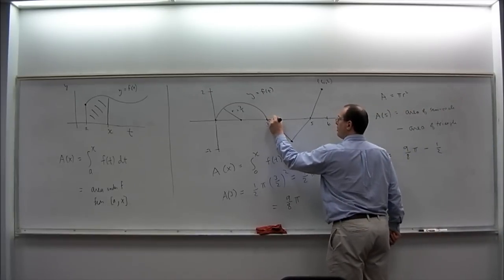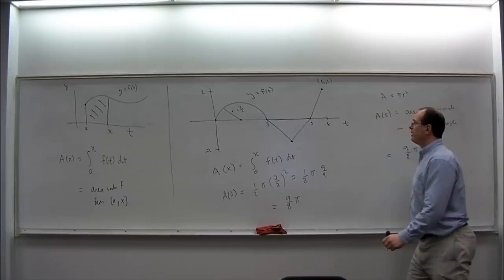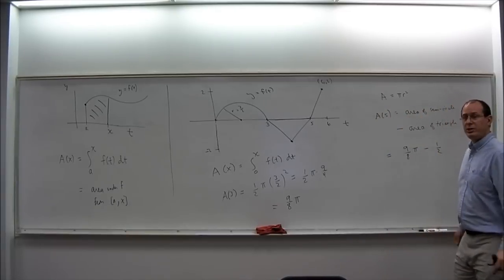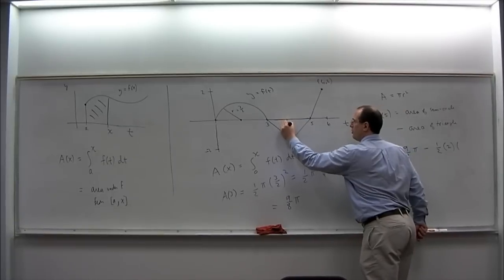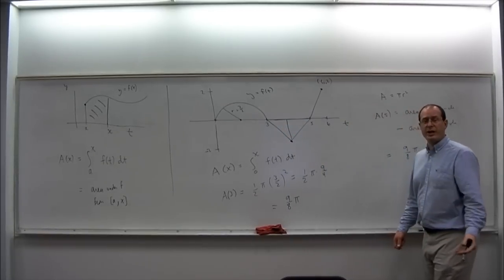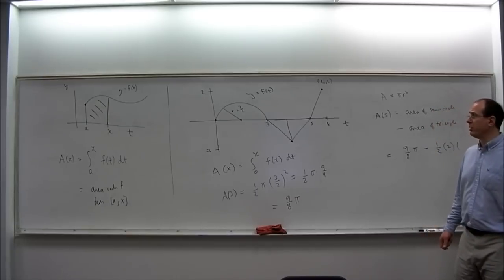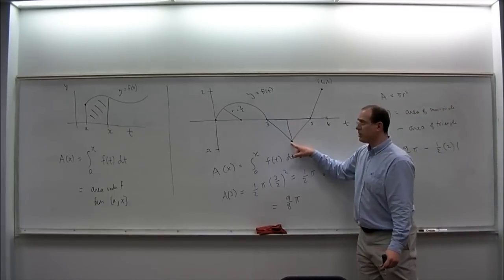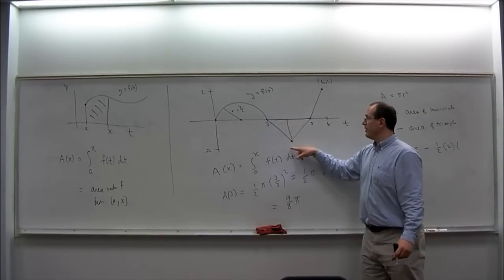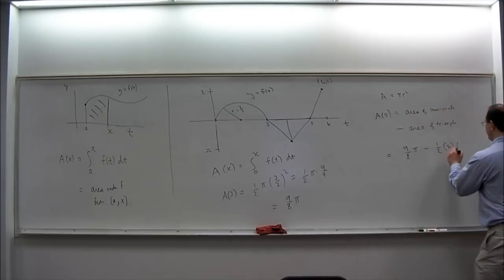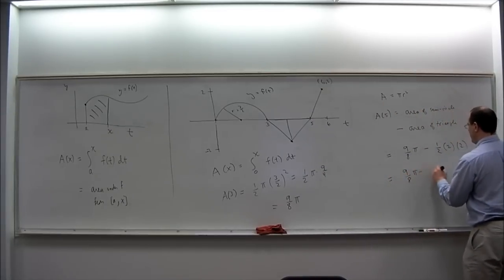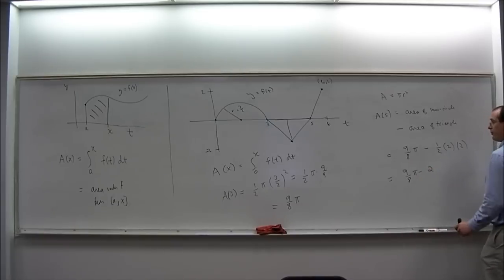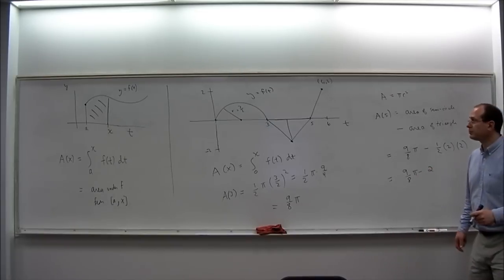So the base is 2 units, and the height is also 2 units. For the height of a triangle, we always use a positive number. So if that y coordinate is negative 2, then the height here is 2. So we get 9/8 pi minus 2 is A of 5.